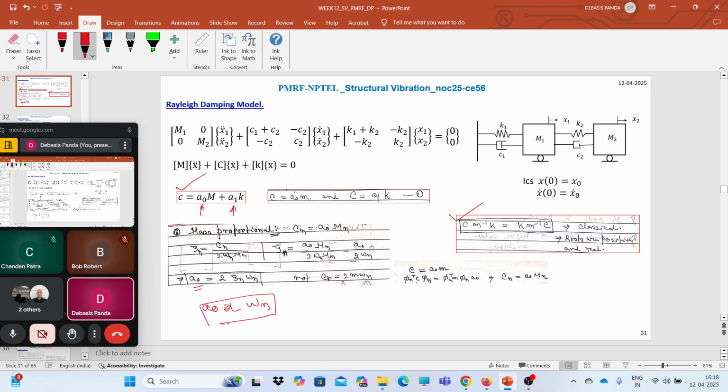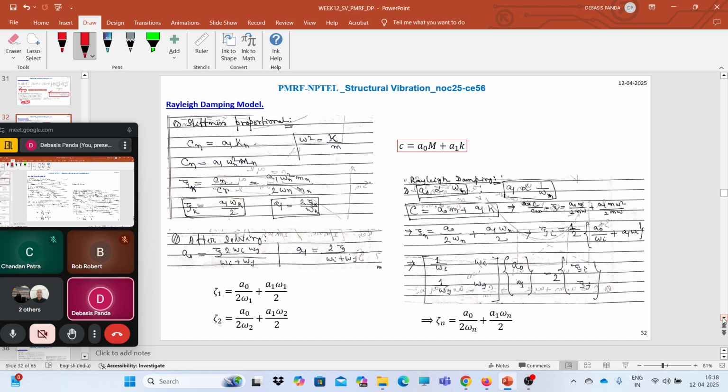And for the stiffness proportionality, A1 is inversely proportional to your omega n, right? After solving all these things, we have summed up into this model. You need to recall this model: C is equal to A naught M plus A1 K. This is the Rayleigh damping or the classical damping model.